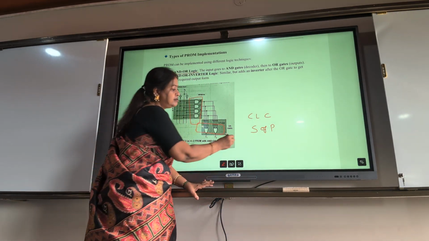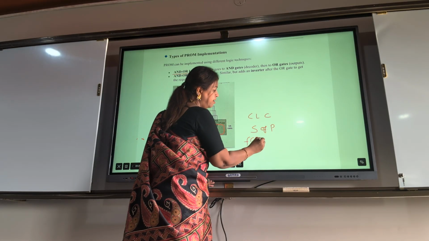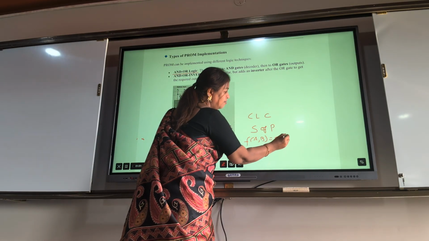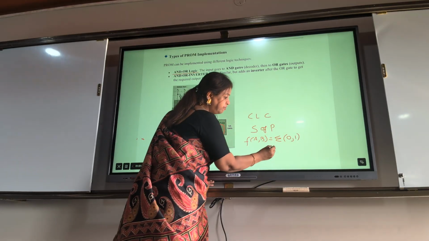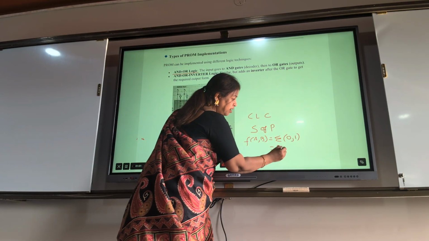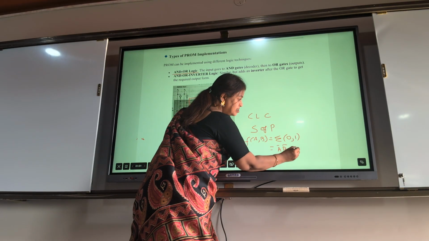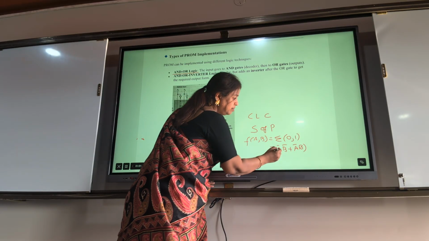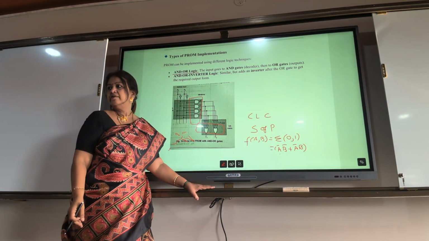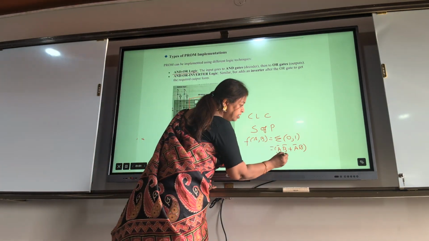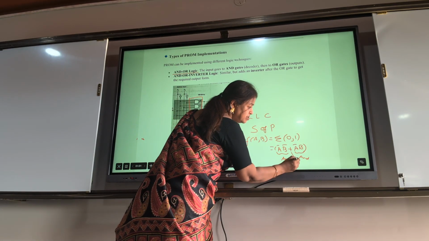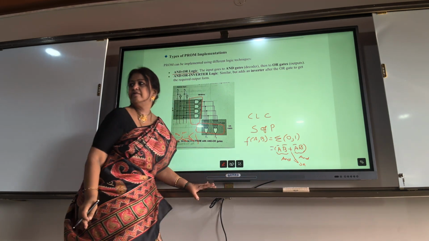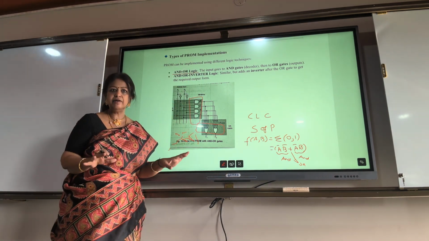If you have f of a comma b equal to sigma 0 comma 1, this is similar to that. So what we mean is a bar b bar plus a bar b. Isn't it? This is one AND gate, this is another AND gate, and this is your OR. This is how it is done.